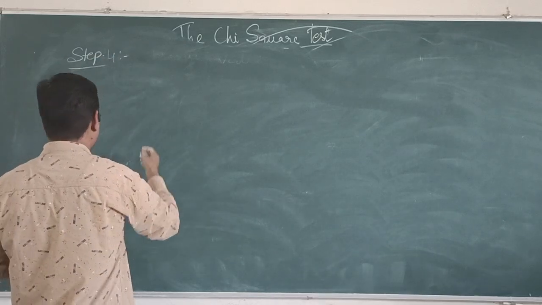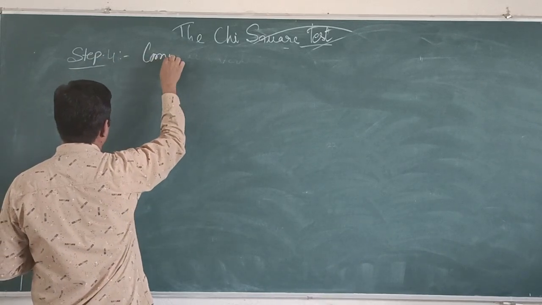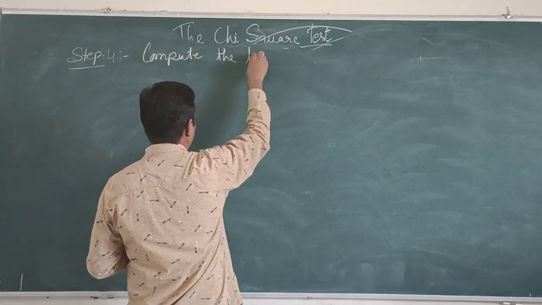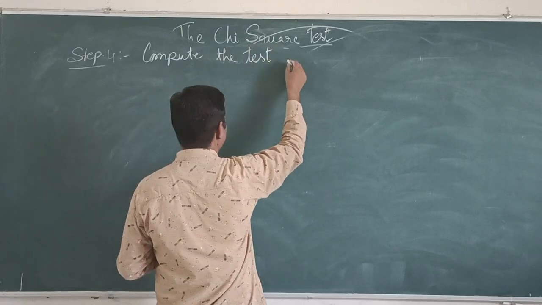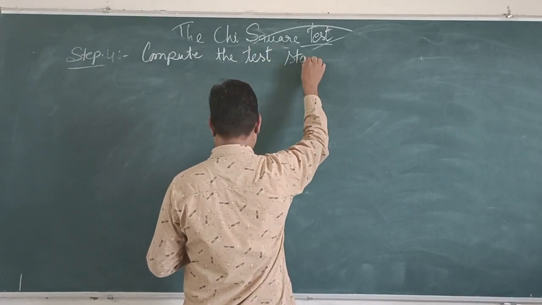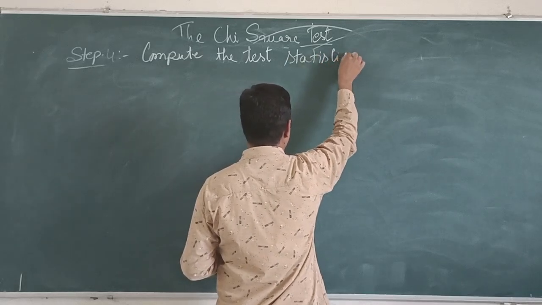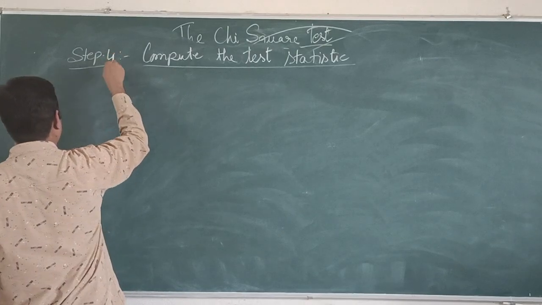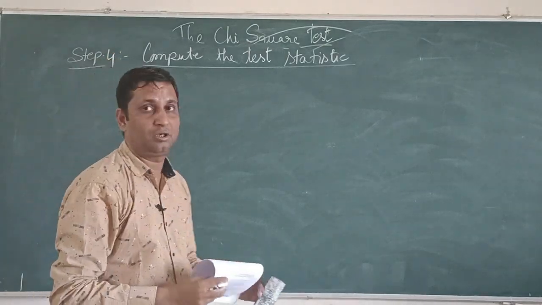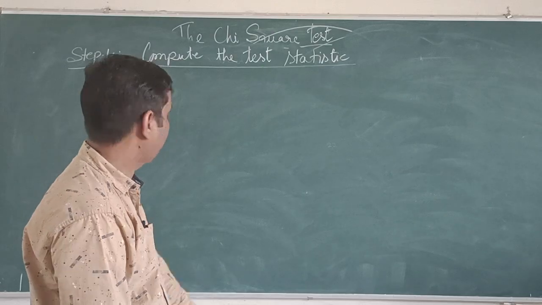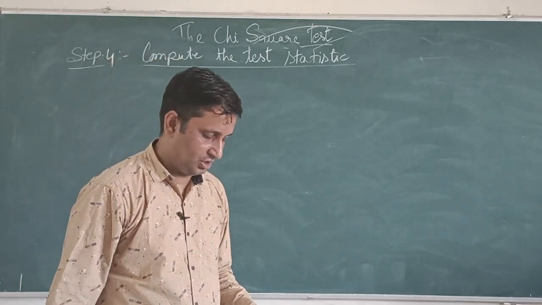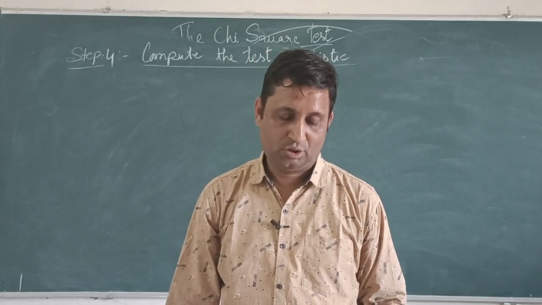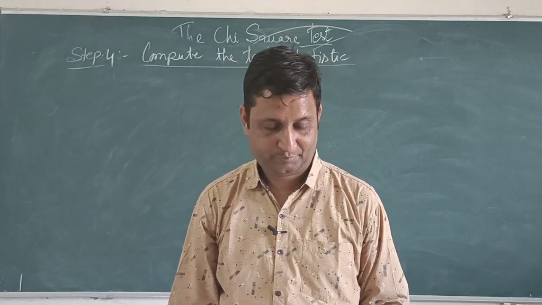That is called step number 4. In it, the chi-square statistic compares the observed values to the expected values.